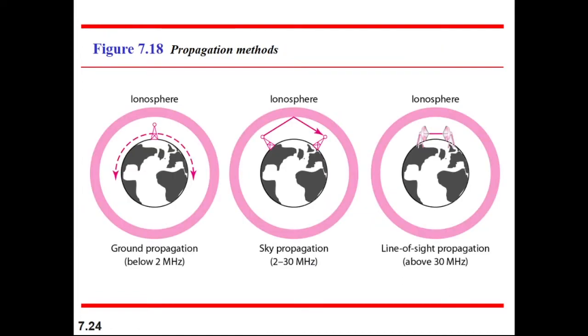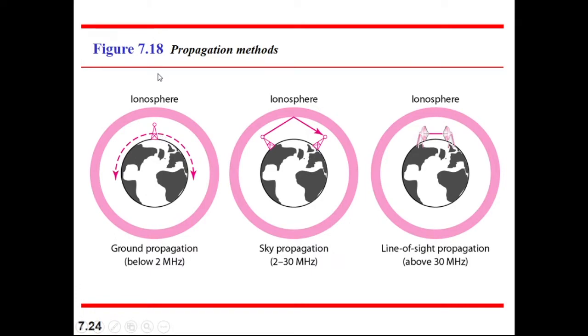Now these are the propagation methods. Here you can see the ionosphere and this is our earth. This is ground propagation, below 2 megahertz, and you can see the positions of the antennas.